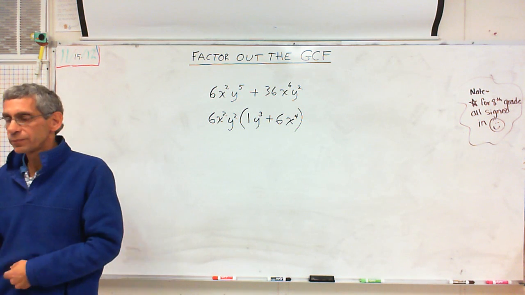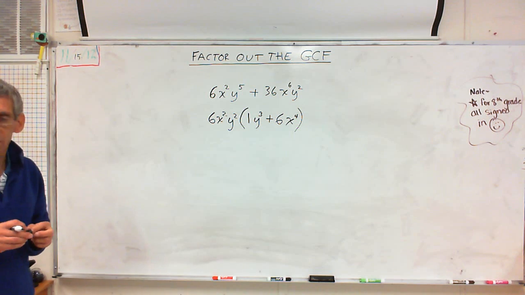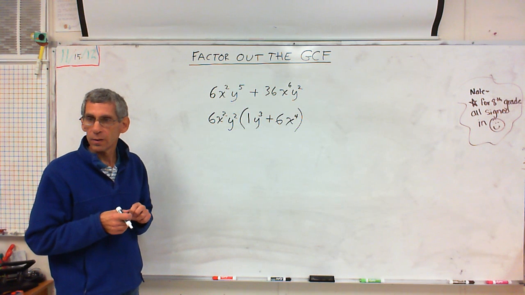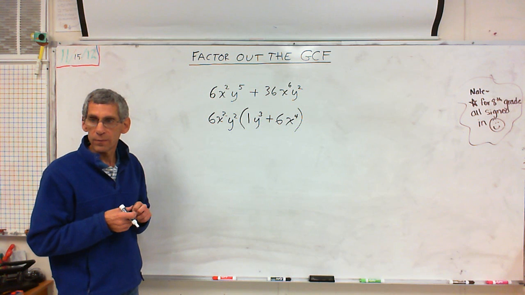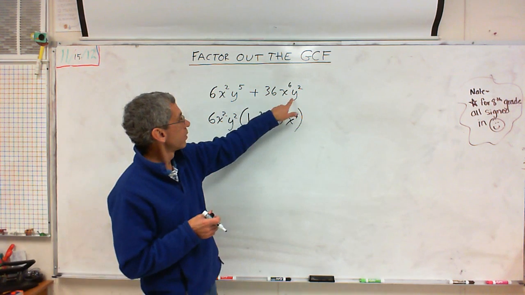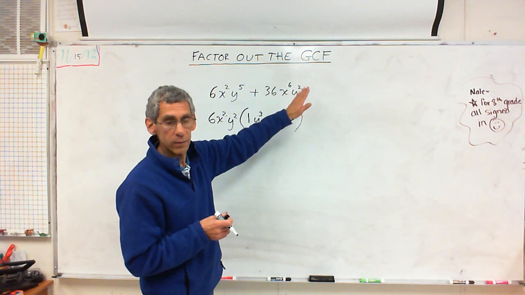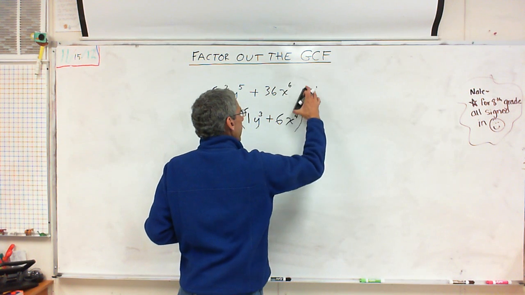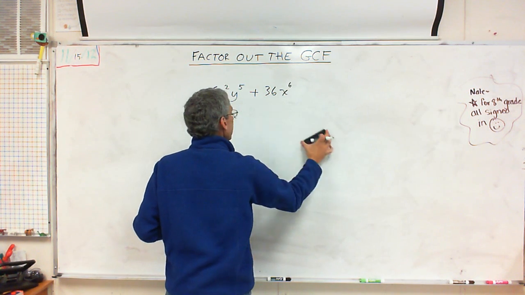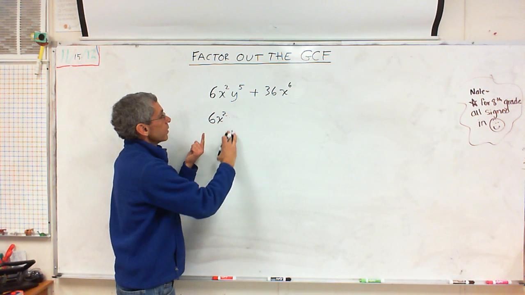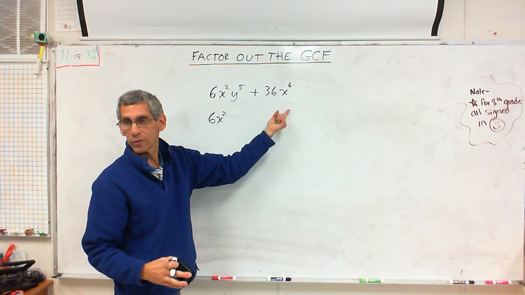What if it was the same thing, except at the end there wasn't a y? Then y wouldn't be part of the greatest common factor. If there wasn't a y there, now suddenly I can't have a y here because there's not a y in both my terms, right?